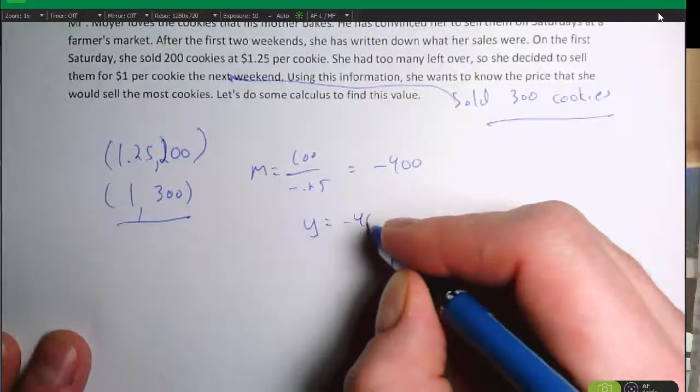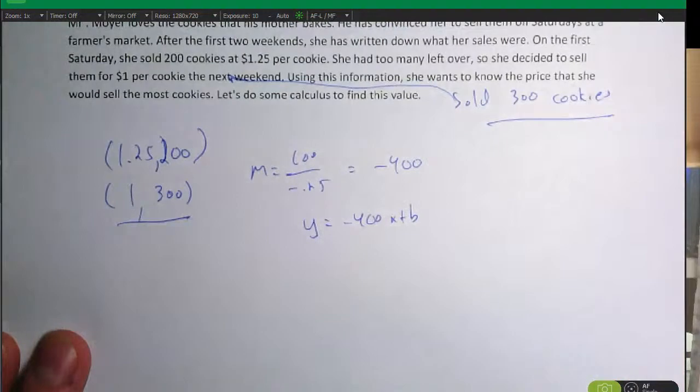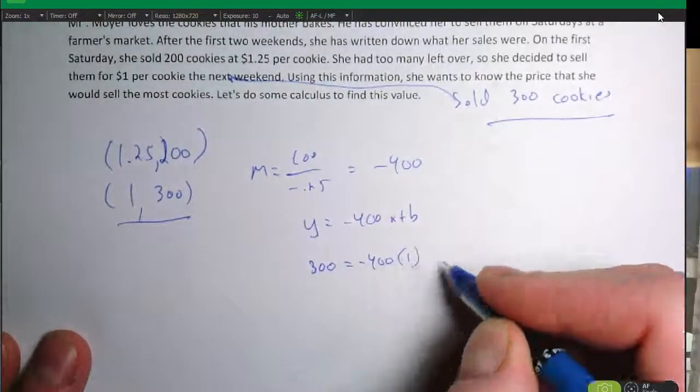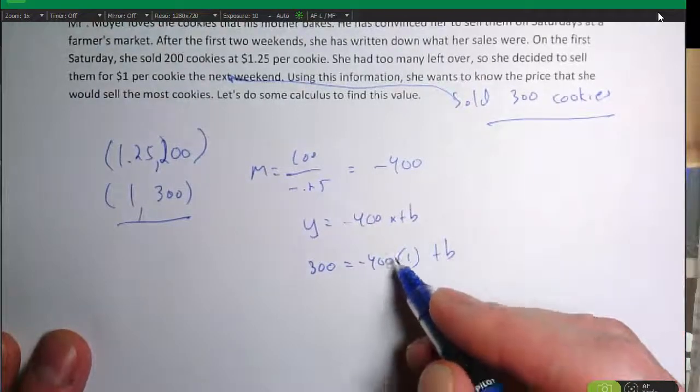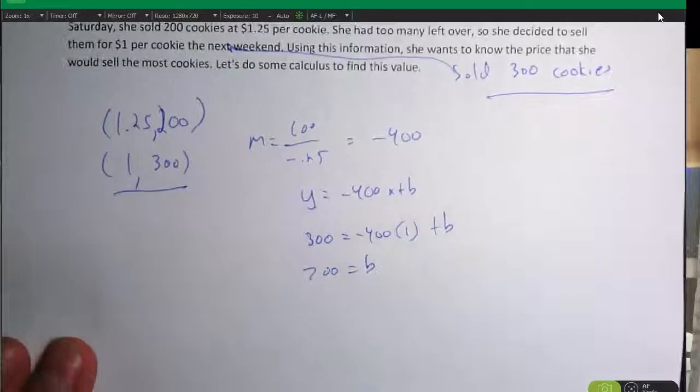Y equals negative 400x plus b. Plug in 1 for x, plug in 300 for y. So 300 equals negative 400 times 1 plus b. That's just negative 400, move it over. 700 equals b. Okay.